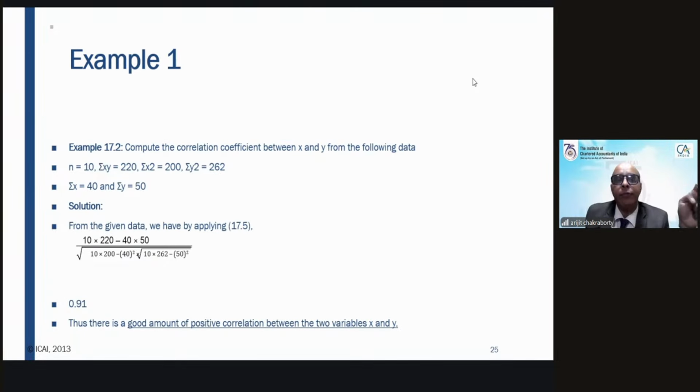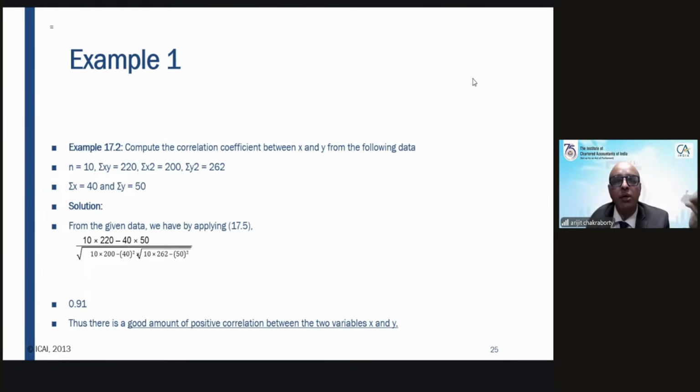That means in this example all the variables यानी x और y का जितना भी वैल्यू आपको चाहिए, sigma x का वैल्यू आपको दिया गया है, sigma y आपको पता है, it is given, sigma x square is given, sigma y square is given, and sigma xy is also given.